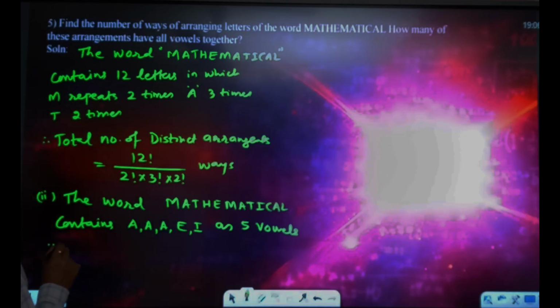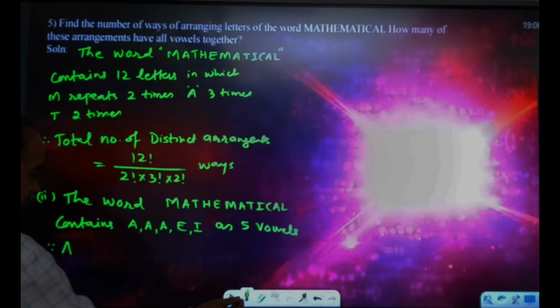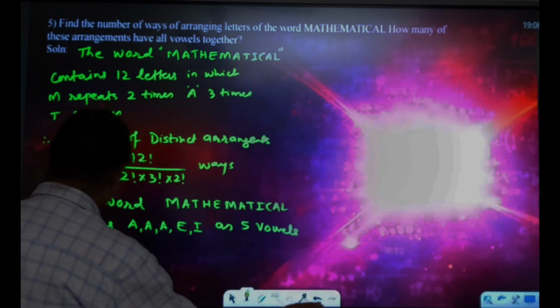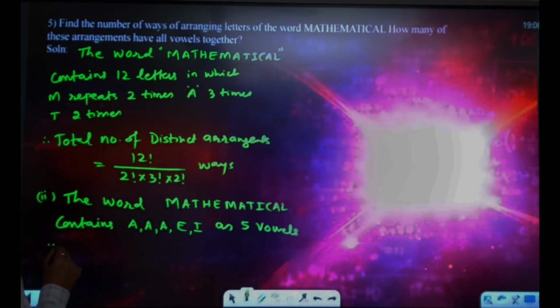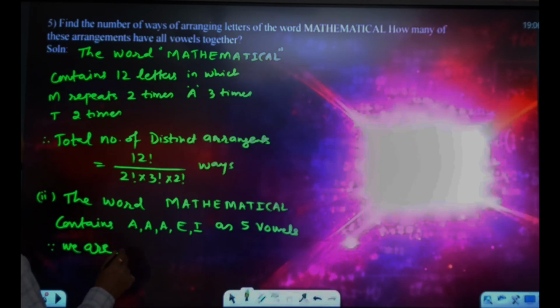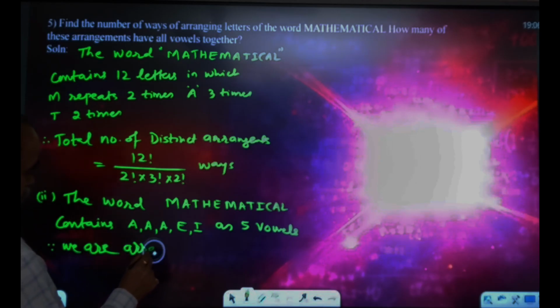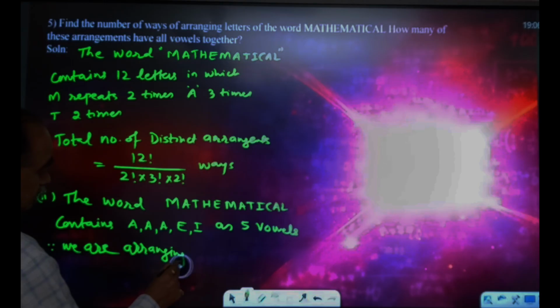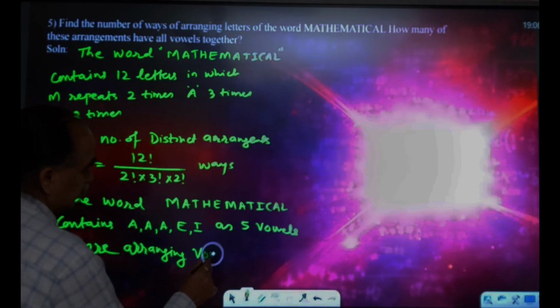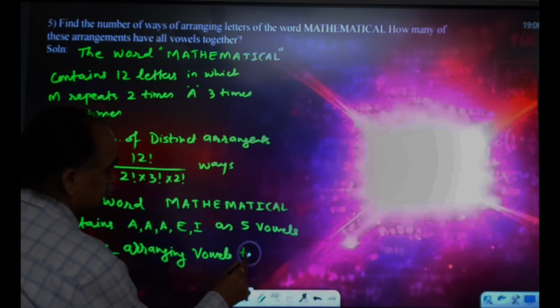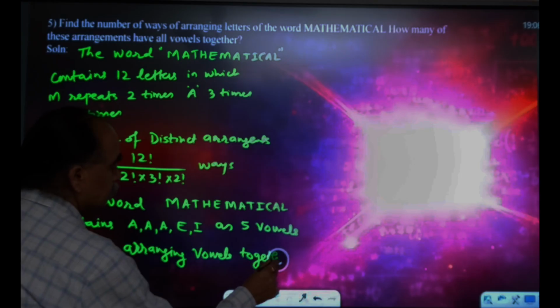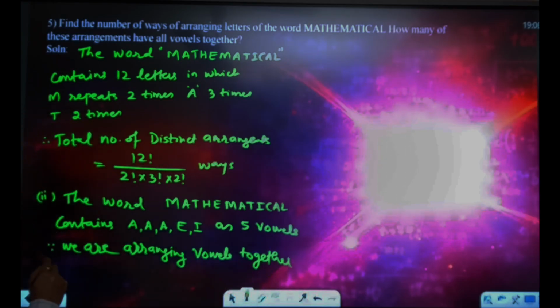Since we are arranging vowels together, we will take them in one group.